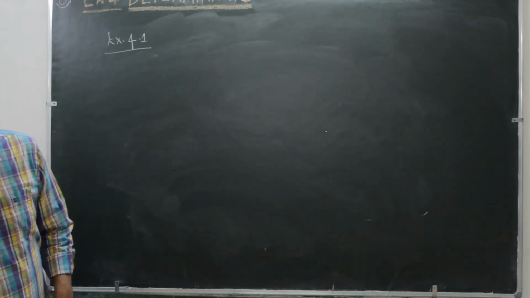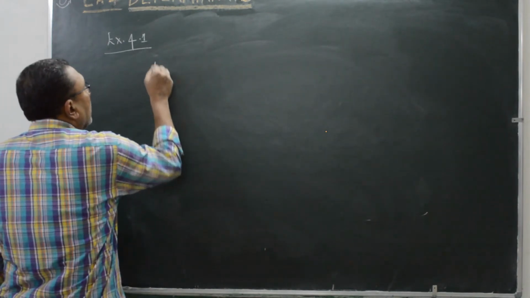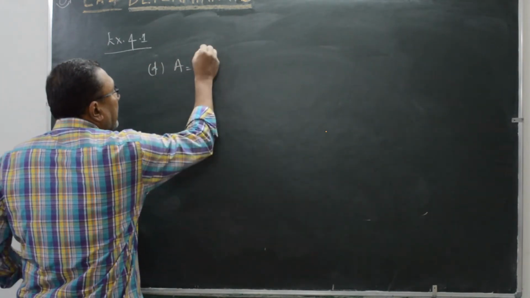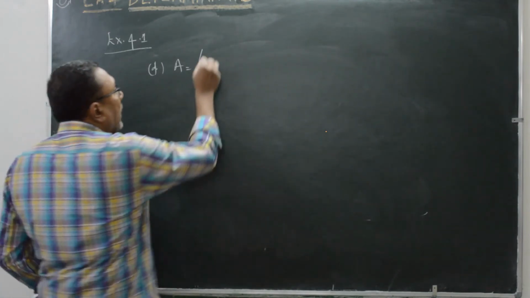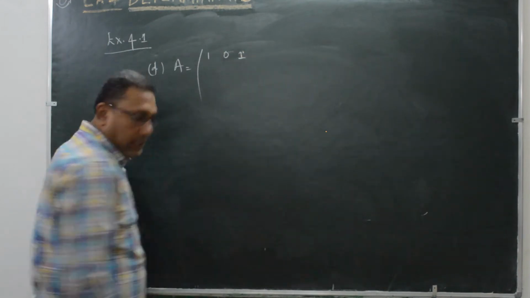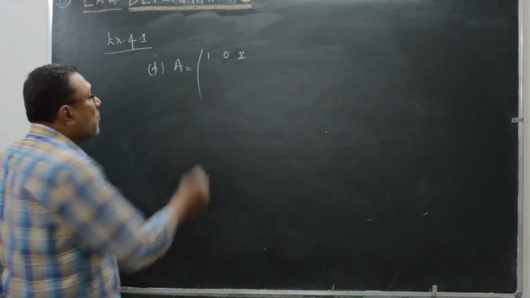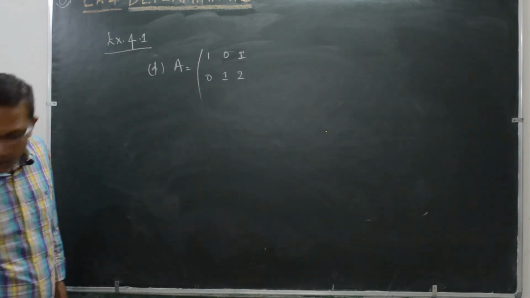The fourth problem is a 3 by 3 matrix: 1 0 1, 0 1 2, 0 0 4.